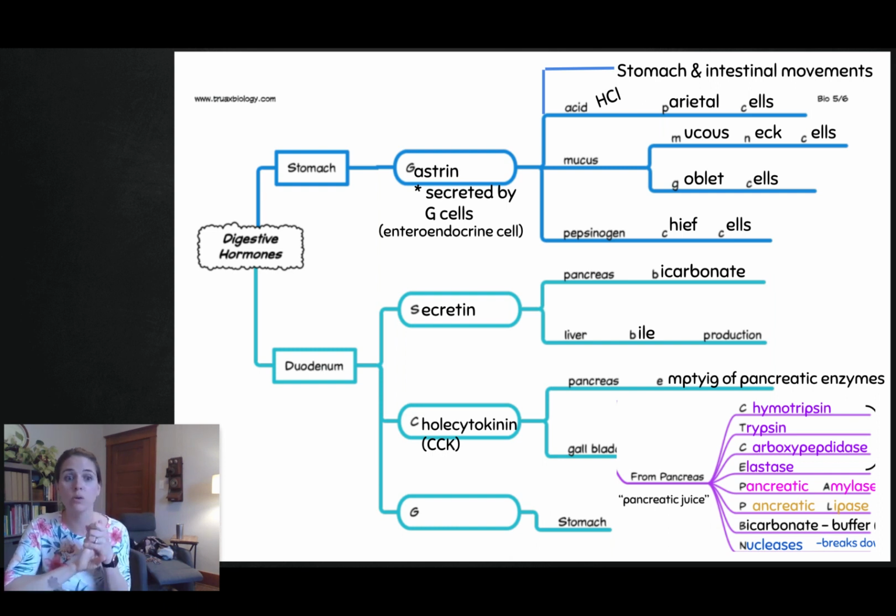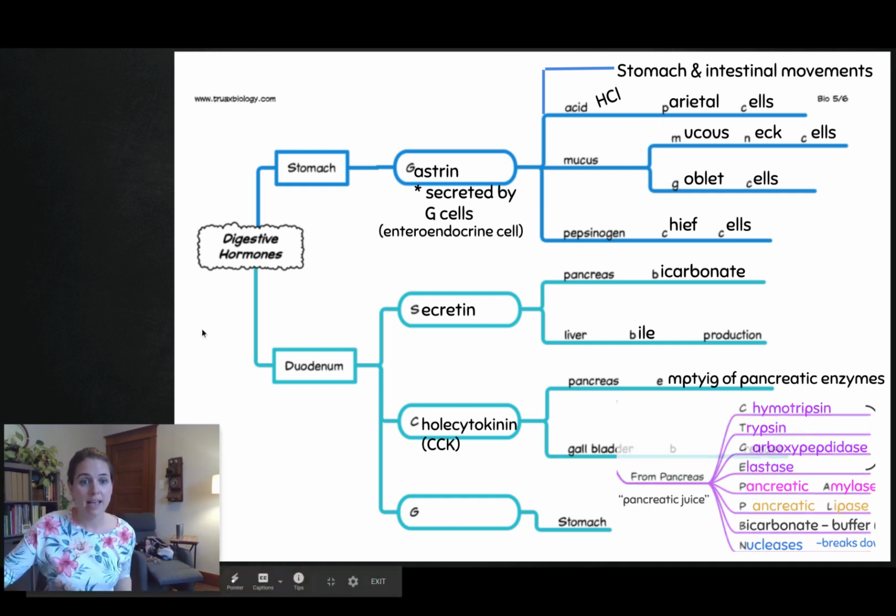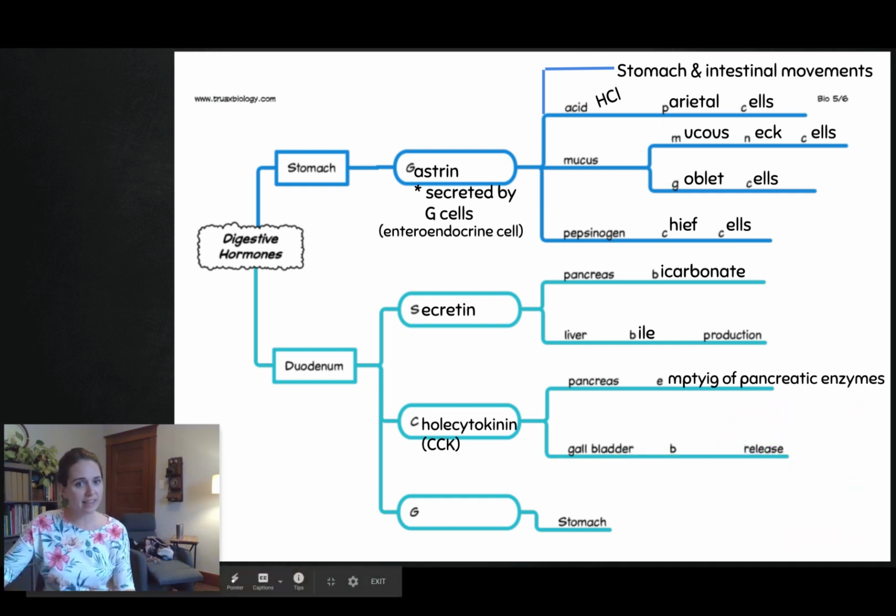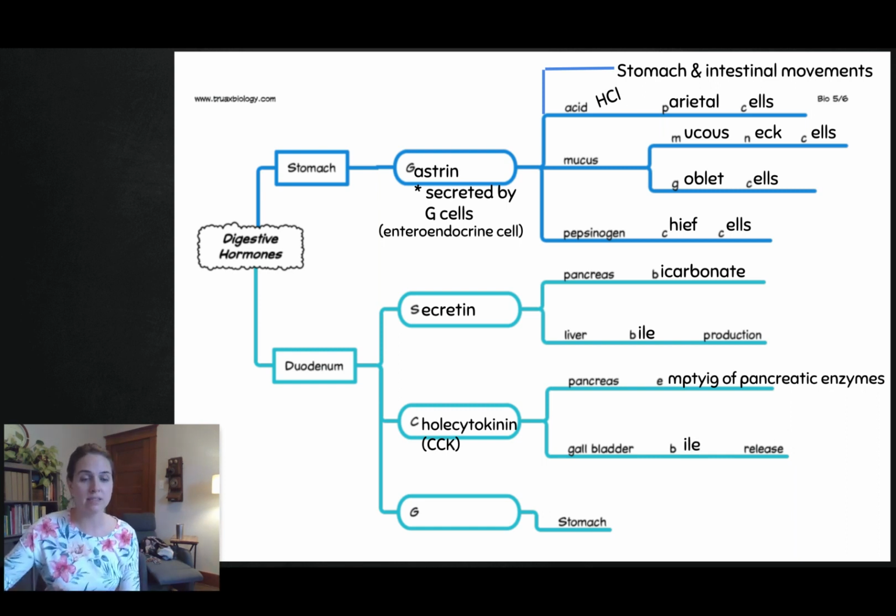Every macromolecule gets digested from your pancreatic juices. The second thing that CCK stimulates is your gallbladder to release its stored bile. So secretin says, hey, liver, make more bile. And then that already stored and waiting bile from the gallbladder gets released with the second hormone, CCK.